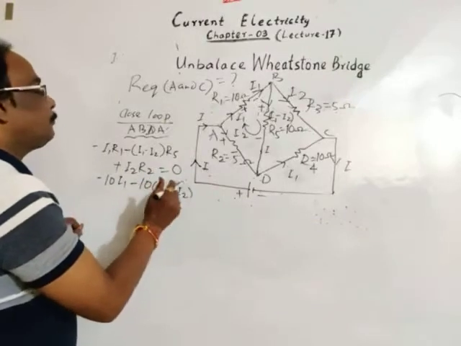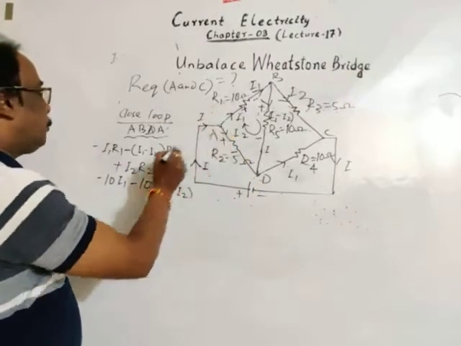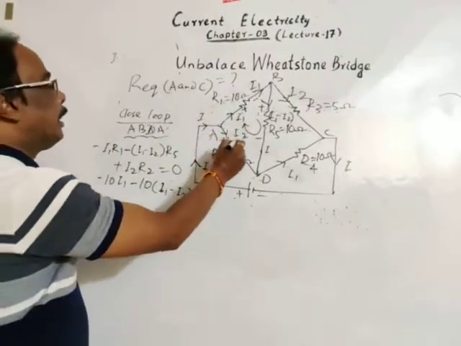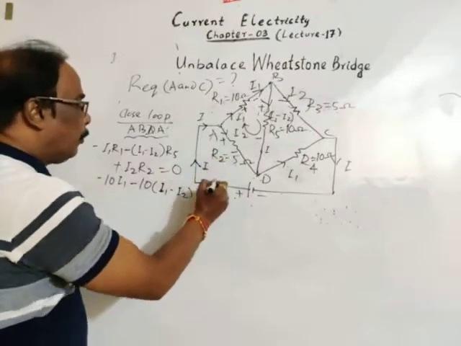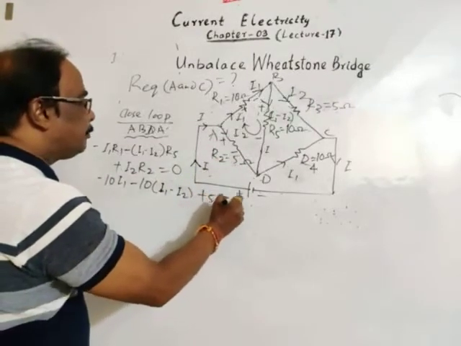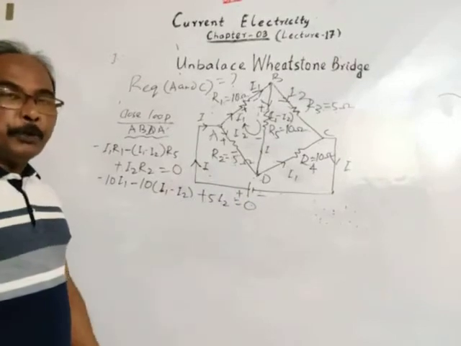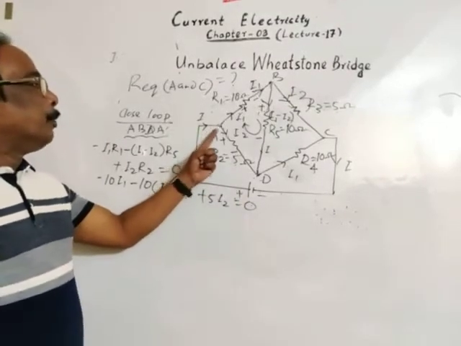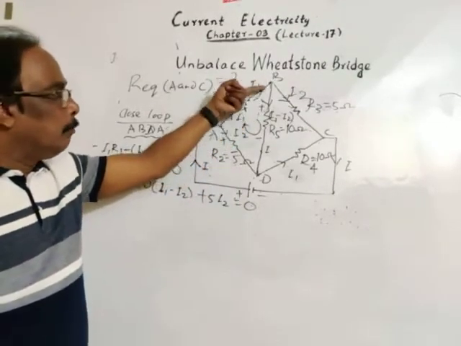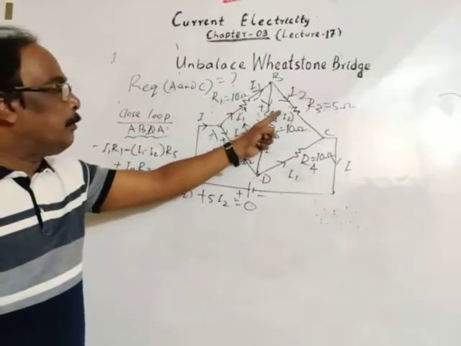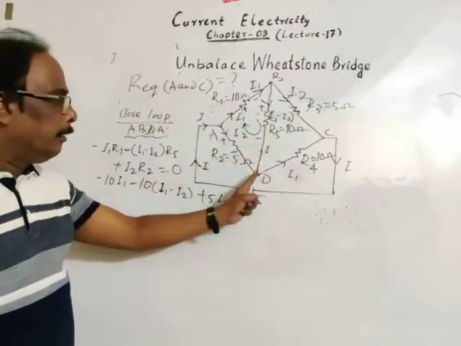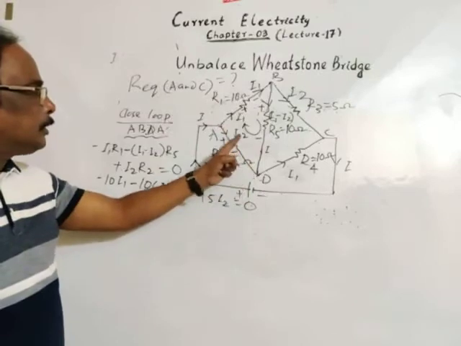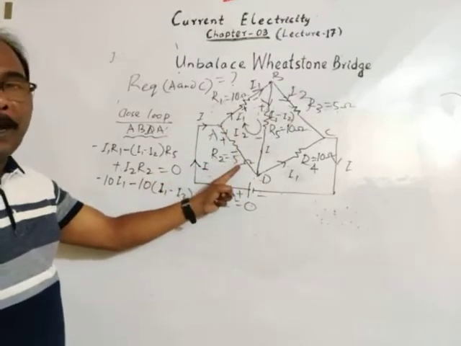And finally from D to A, plus I2 into R2, R2 is 5, so plus 5 I2 is equal to 0.